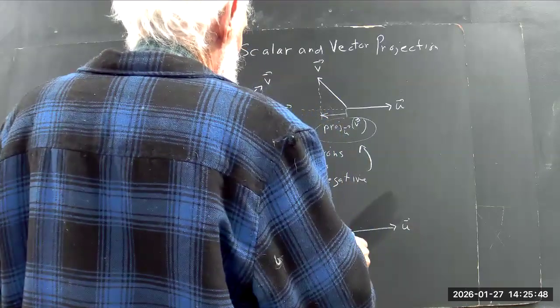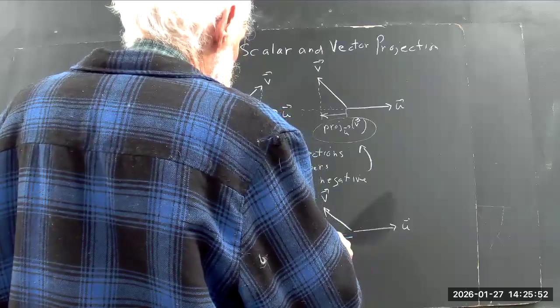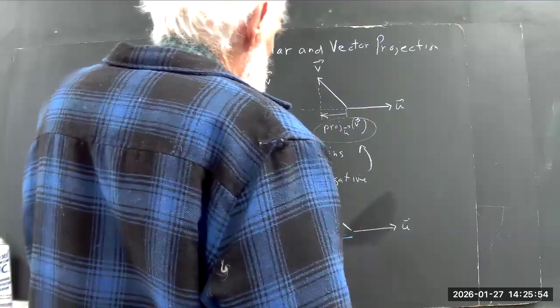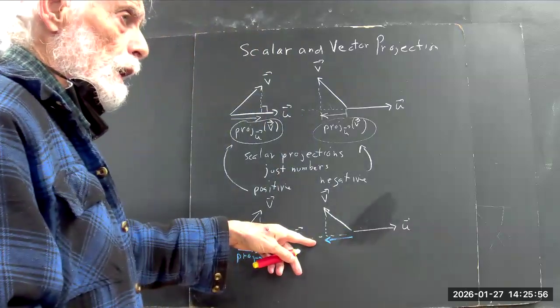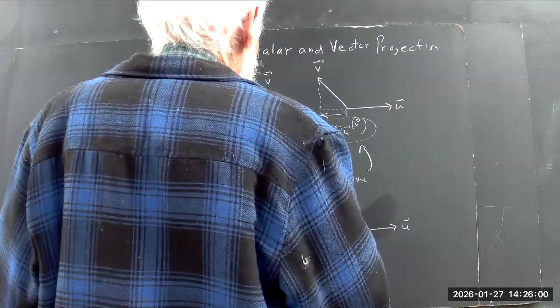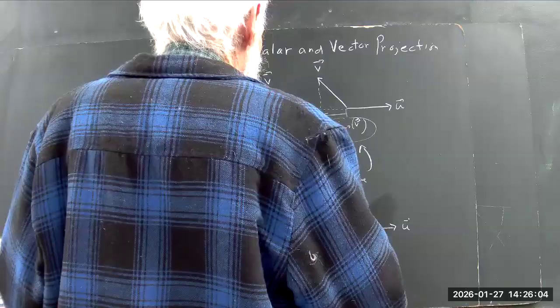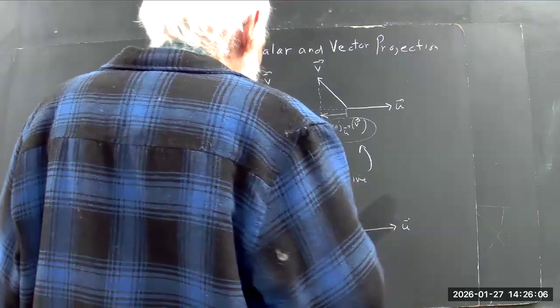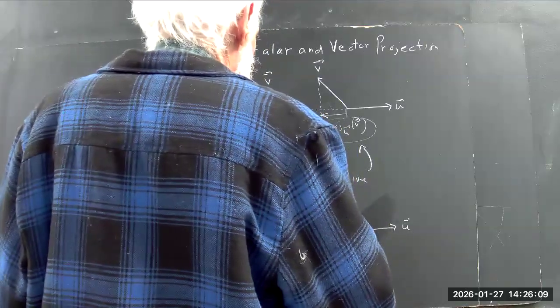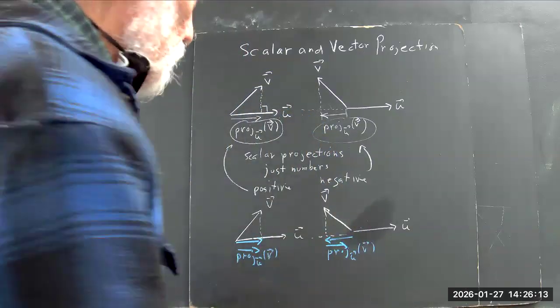And in this case, the vector projection would go from the common point of u and v in the negative direction. Okay, so this is the vector projection onto u of v. In this case, make sure we put an arrow over that. It's kind of a small arrow, so we just made it bigger.